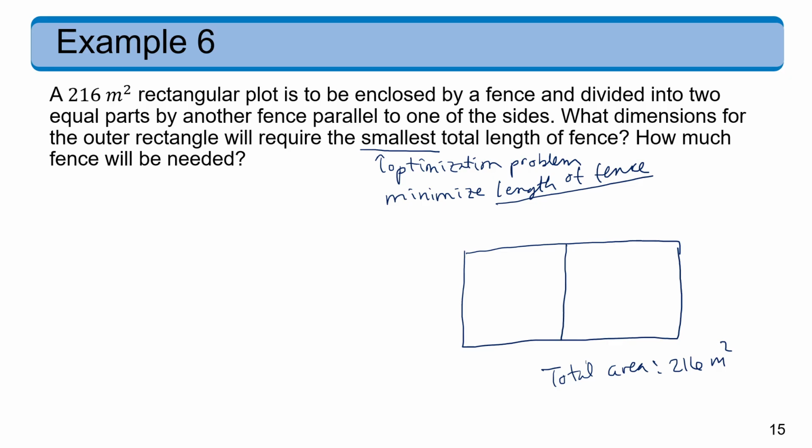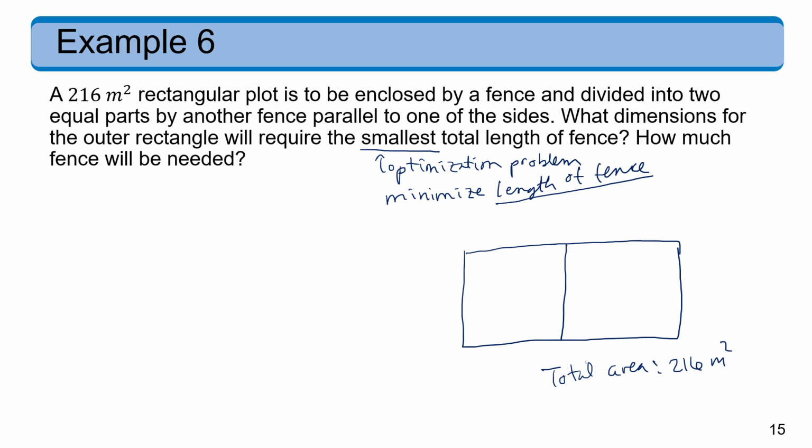We can start labeling pieces now. Notice that one of the questions asked us to find the dimensions of the outer rectangle. So let's give letter names to those dimensions.